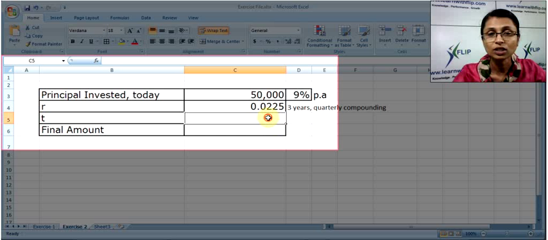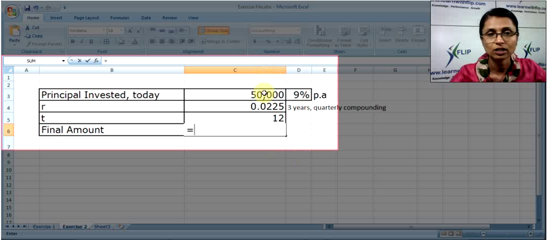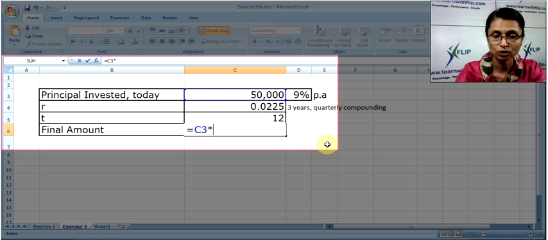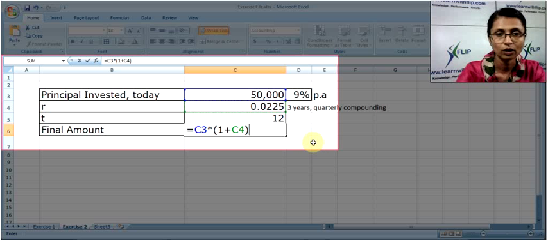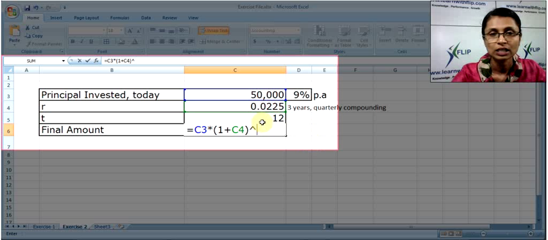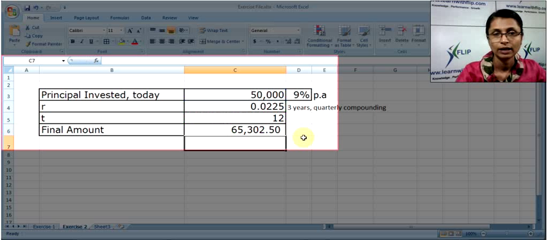Nope, it's not 3 years, it's 12 quarters. And therefore, let's apply the formula. We get this value into 1 plus R, raised to T, and bingo, you have the answer.